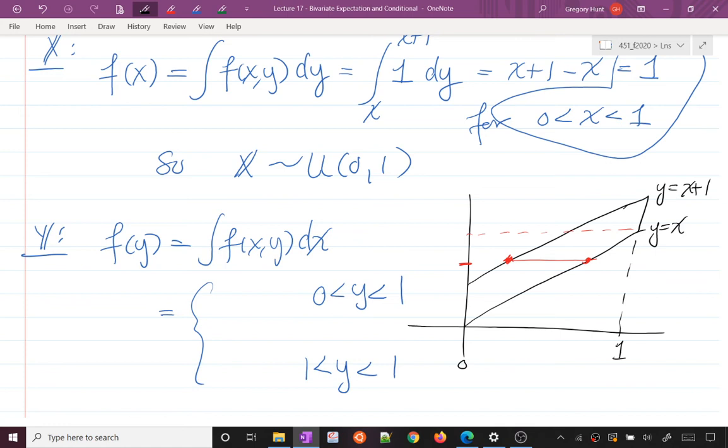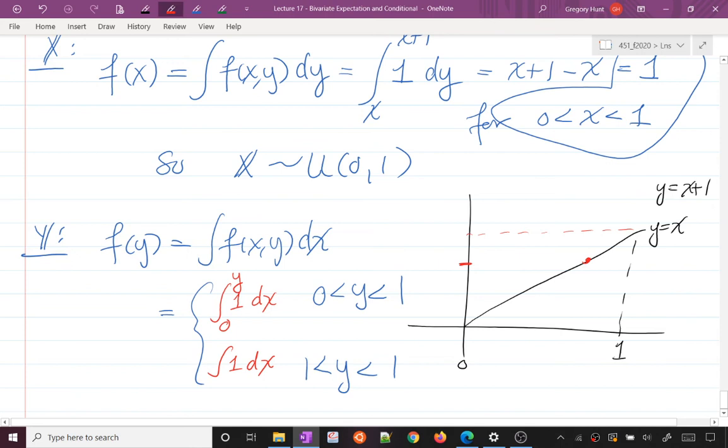And in the case, our PDF is always 1. We're integrating with respect to x. The whole game here is just to get our limits right. In the case where y is between 0 and 1, our limits go from 0 to y. This picture is not doing us any service here.